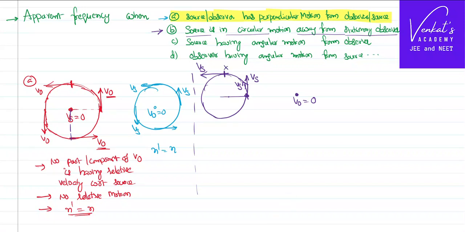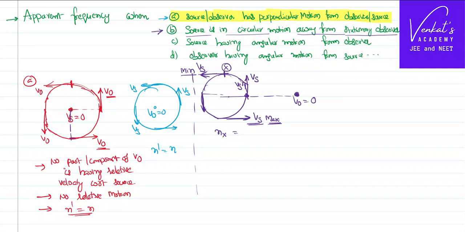So due to this position, there is an apparent change in frequency. And here, of course, it is perpendicular, so there is no apparent effect. But here you see, the source is coming towards the observer. Here it is going away from the observer, so the apparent frequency will be minimum. It is approaching the observer here, so the apparent frequency will be maximum with respect to this observer.